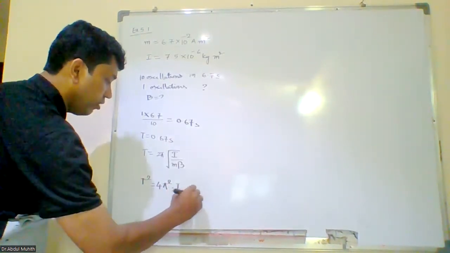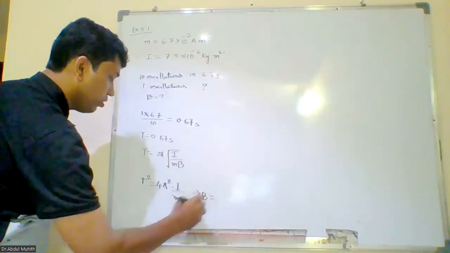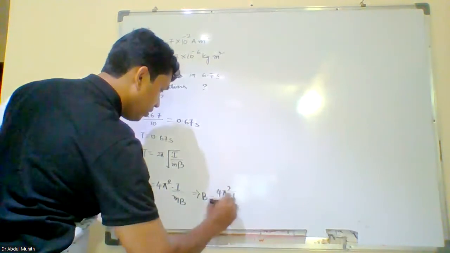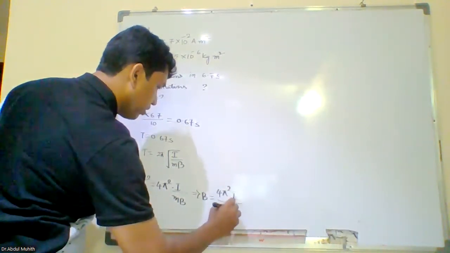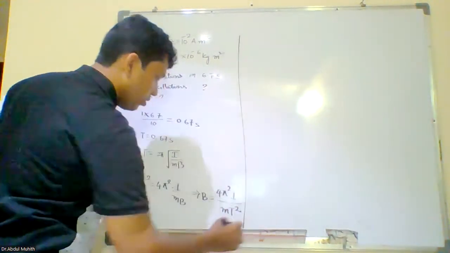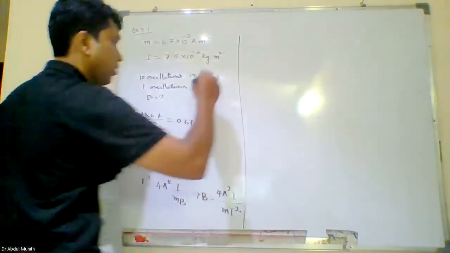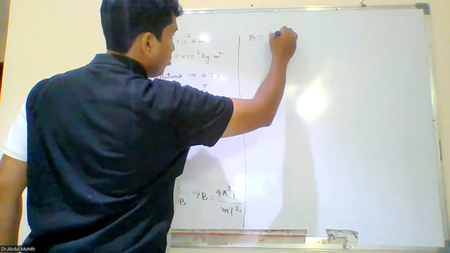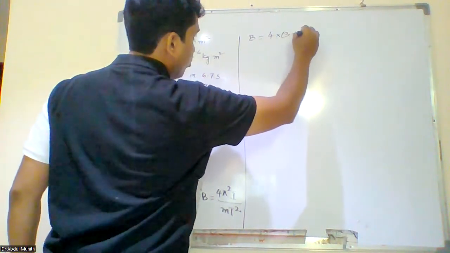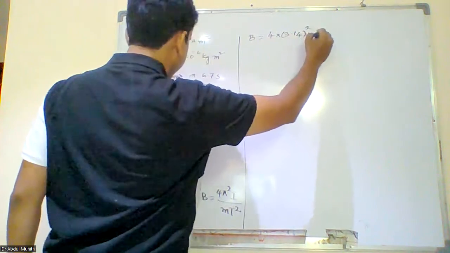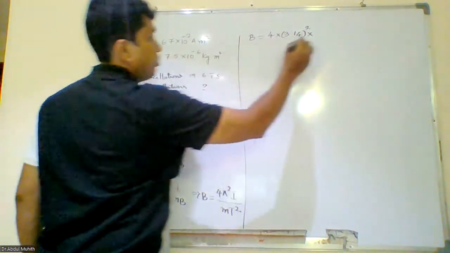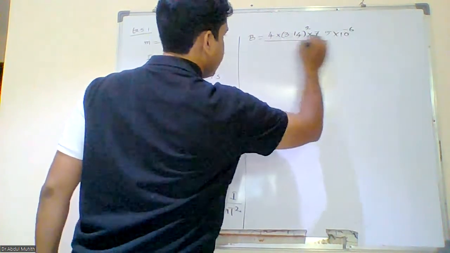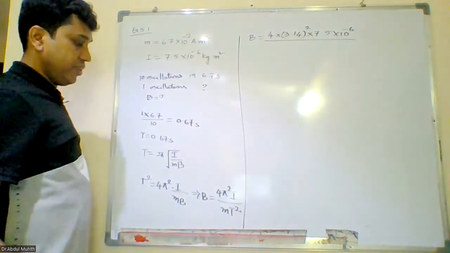Clear? Now we'll cross multiply this. B is equal to 4 pi square I by M into T square. Is that okay? Now, shall we substitute the values? B is equal to 4 into 3.14 whole square into I, the moment of inertia given there, 7.5 into 10 to the power of -6, divided by M and T square.